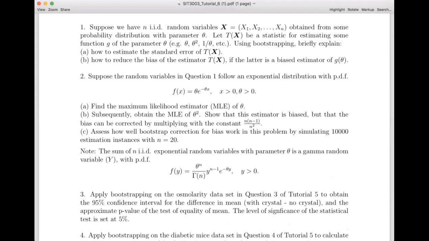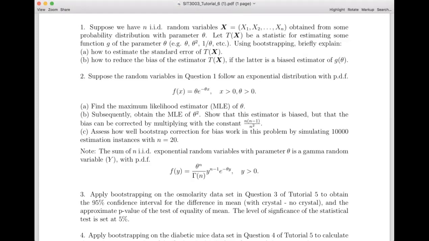Find the MLE of theta, and subsequently obtain the MLE of theta square. Show that this estimator is biased, but that the bias can be corrected by multiplying it with some constant. And then try to do some kind of assessment for how well bootstrapping correction for bias works.